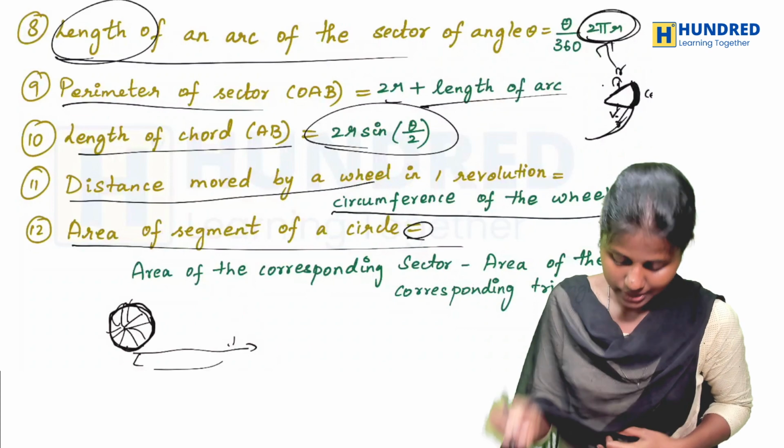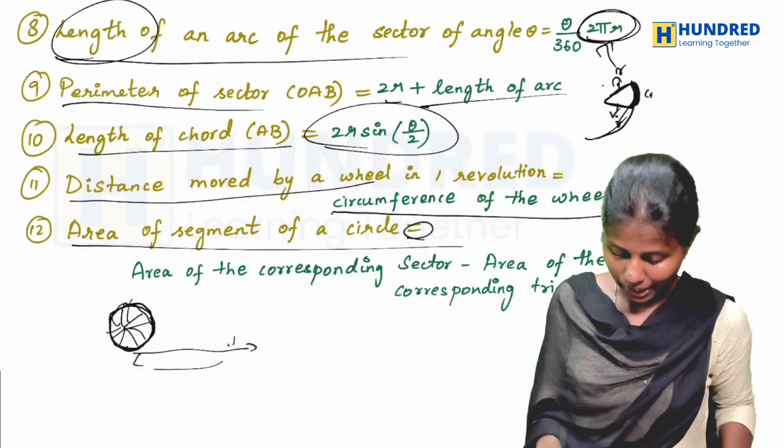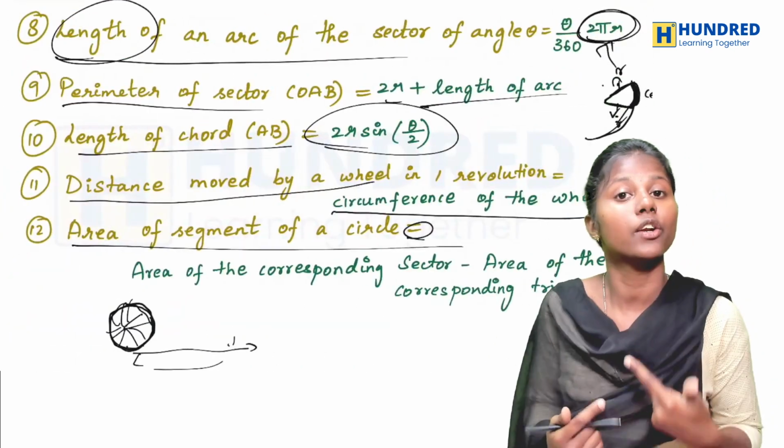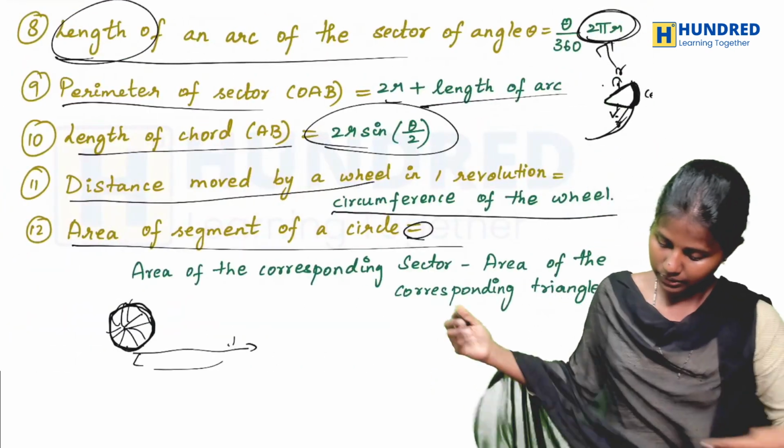Fine. Next we talk about the area of a segment of a circle. If we have a chord, we already have a formula for the area of a segment, but it can also be found in different ways.